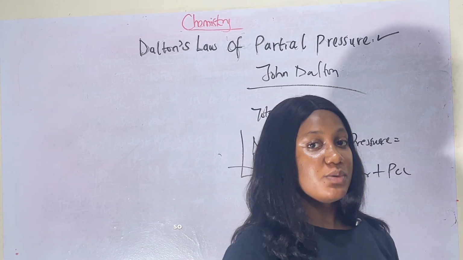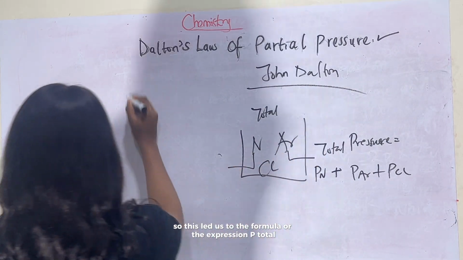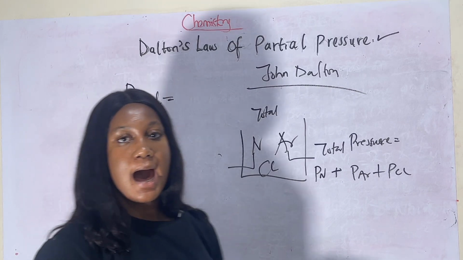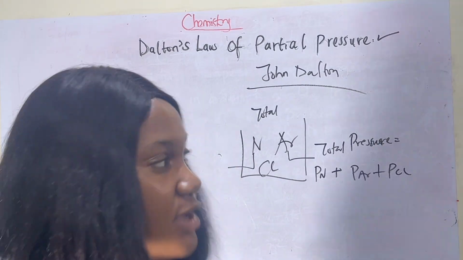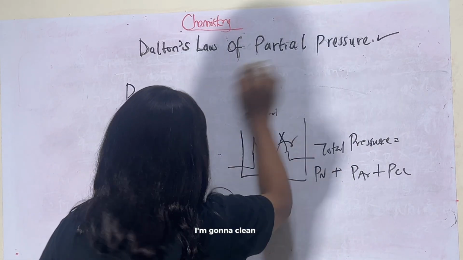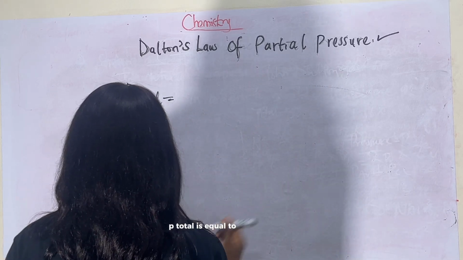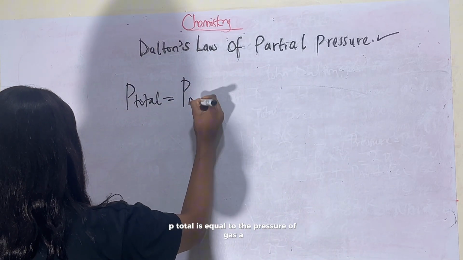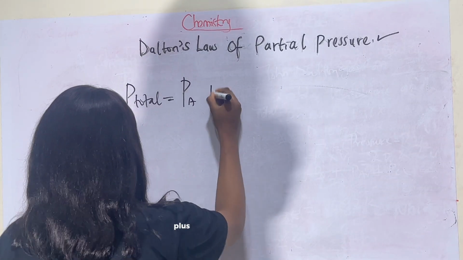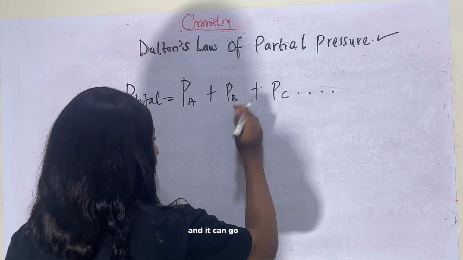to get your total pressure. So this led us to the formula or the expression: P total is equal to the pressure of gas A, where A represents just any gas at all, plus the pressure of gas B, plus the pressure of gas C, and it can go on and on.